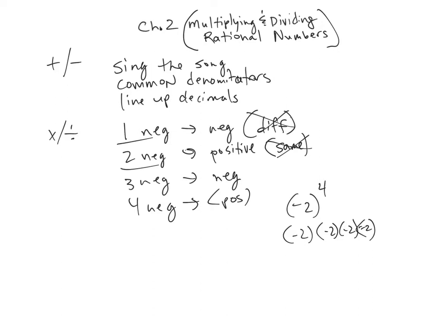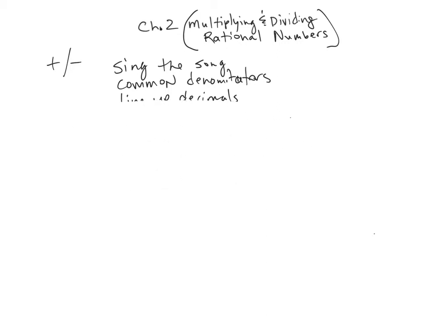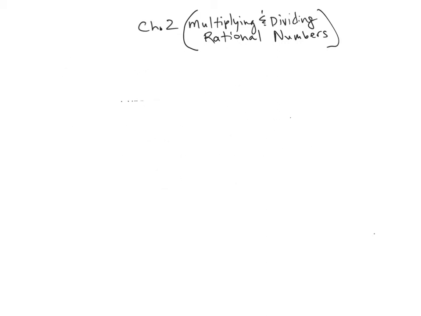So if you want to take a screenshot of this, you can, because I'm going to erase it, and we're just going to play with this. So when it comes to regular integers, we just have negative 3 times negative 4.